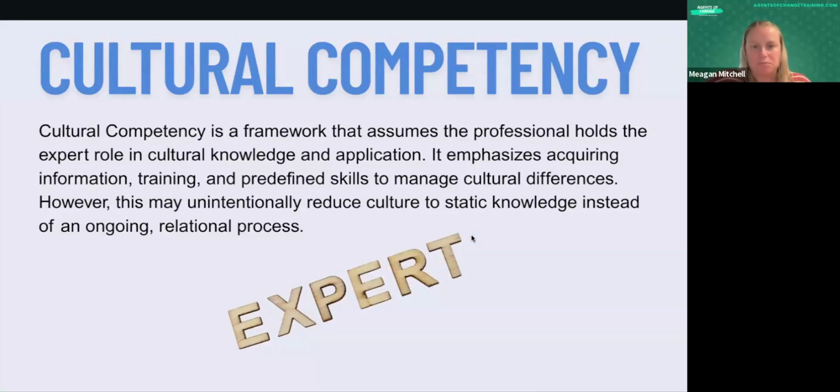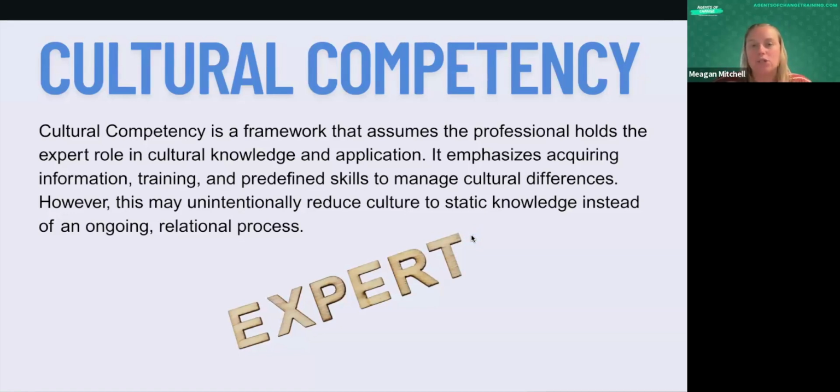What is problematic about cultural competency, and what I'm going to push back on in this framework, is no one can be the expert in someone else's culture. You can have knowledge on it, but this doesn't come from a place of curiosity. Right? This is, oh, I learned some skills, I'm going to apply it.